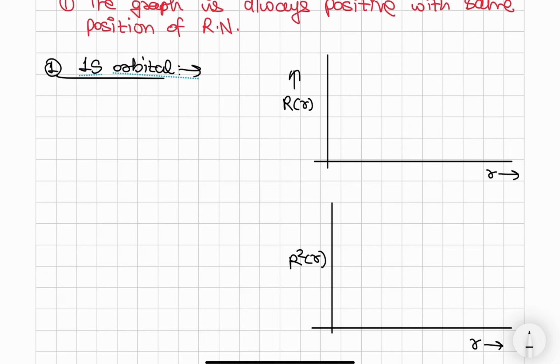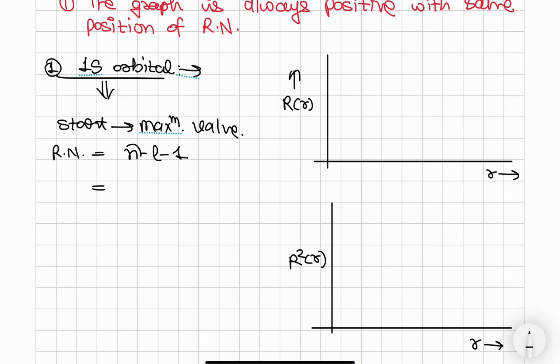Okay. For the 1s orbital, we will write down the rules. For an s orbital, the graph will start from a maximum value. And for calculation of cuts with the x-axis, we can find the radial nodes. Radial node is equal to n minus l minus 1.